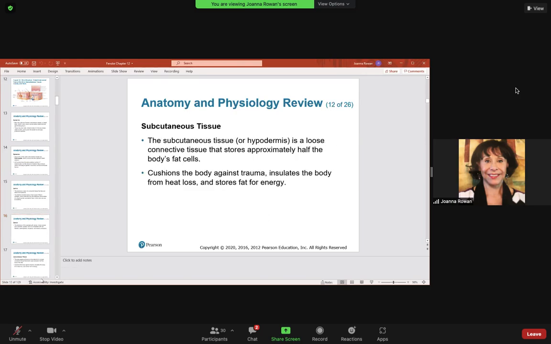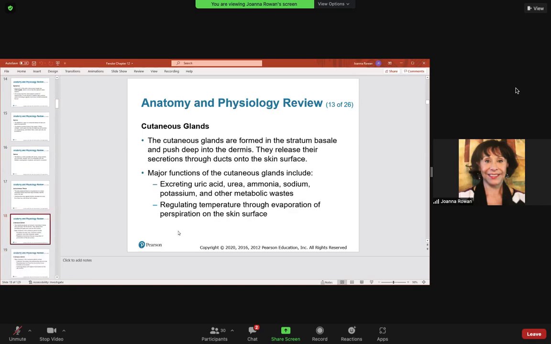So that is that. Subcutaneous tissue is a loose connective tissue that stores about half of the body's fat cells. These fat cells cushion the body against trauma, insulate the body from heat loss, and store fat and energy. And that's all that you need to know for that.